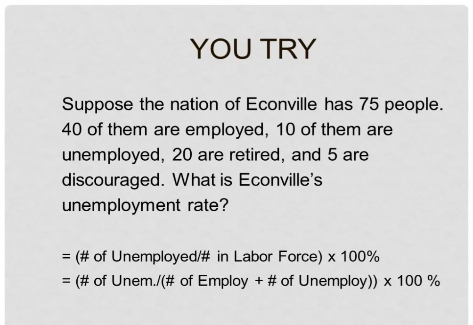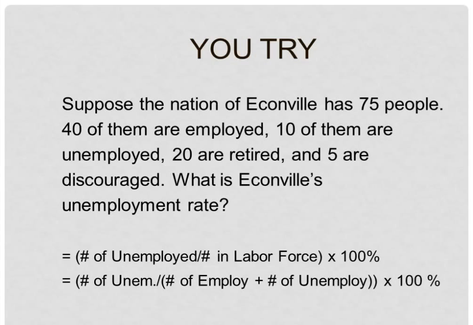Now you'll notice in our problem we have some distractor information. There are 75 people, that's true, but actually only 50 of them, 40 of the employed and 10 of the unemployed, actually matter to us, because remember, the unemployment rate only counts the employed and the unemployed. So those last two categories, the retired people and the discouraged workers, they're neither employed nor unemployed, so we're not going to count them.